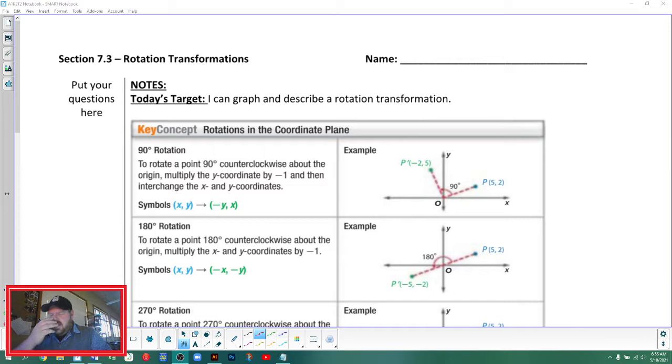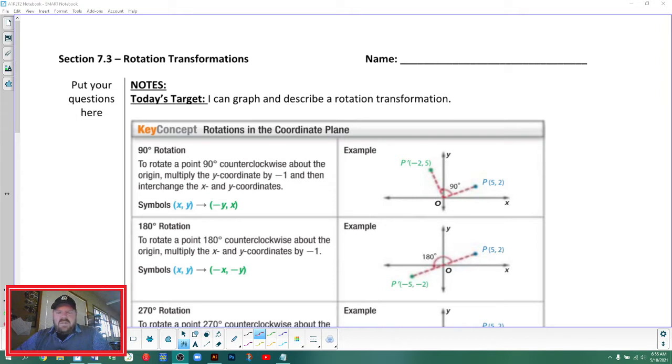Is it going to be here? Is it going to be over here? I think an easier way to do that is to use the idea of the coordinate notation, like symbolically what's going on. Okay, so that's what we're going to focus on.